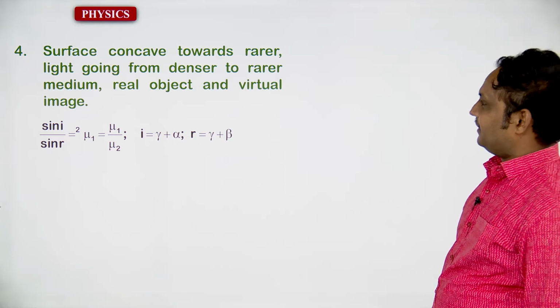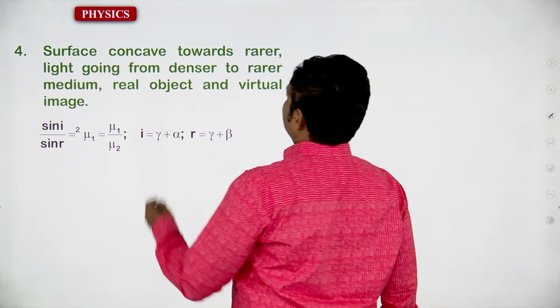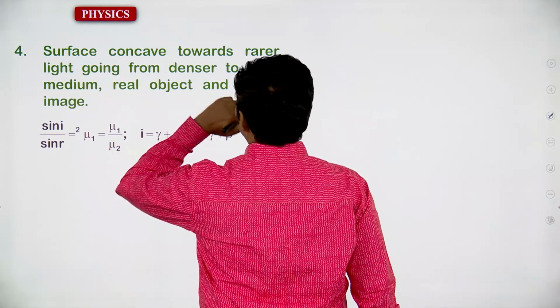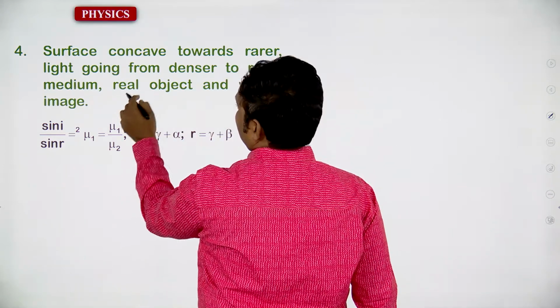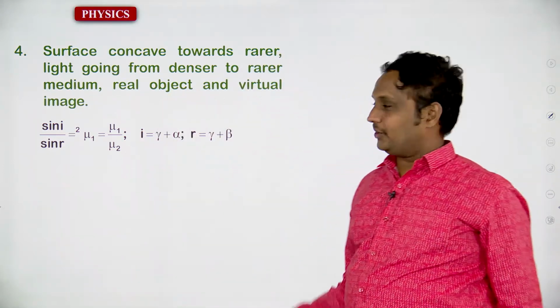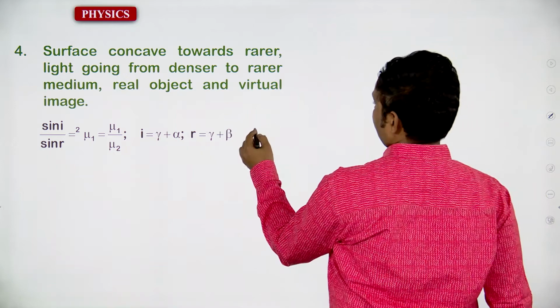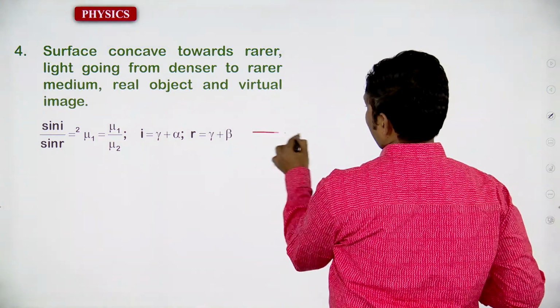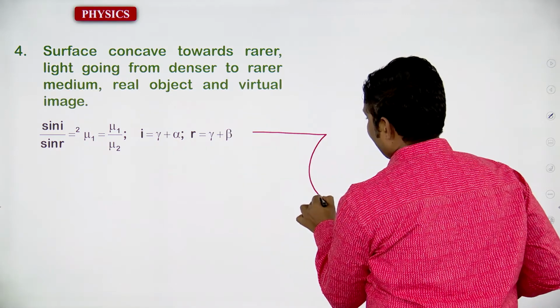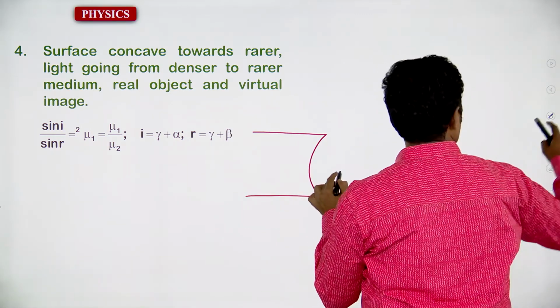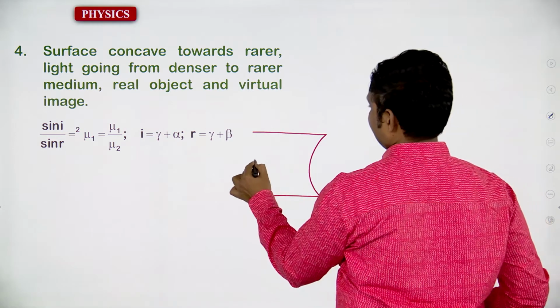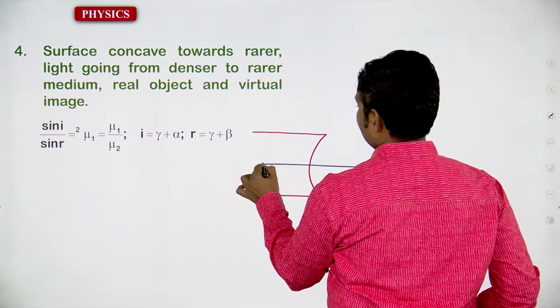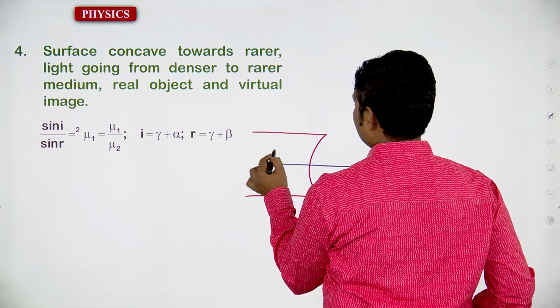Yes, it's very clear, convex towards rarer, going from denser to rarer medium, and real object, it is very clear what we have seen now. You have to confirm that this is very clear. This is going to be originated actually.